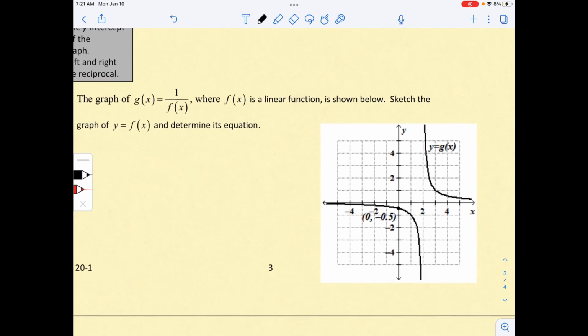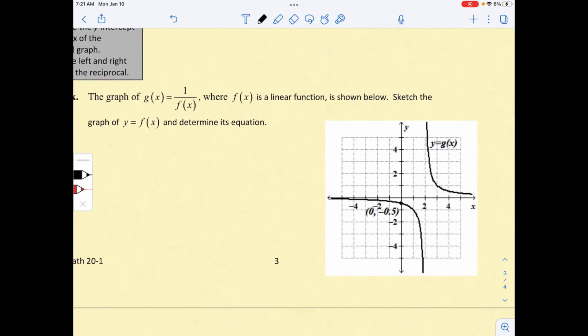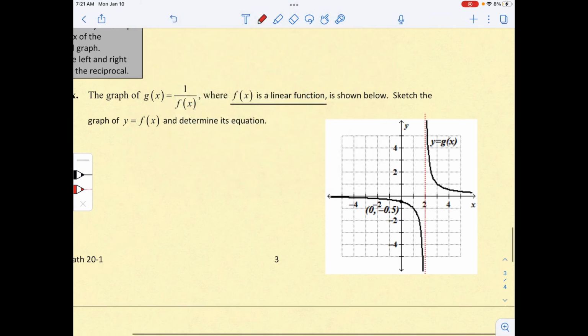The last question here says the graph of the reciprocal function g of x, which is 1 over f of x, is given, where f of x was a linear function. So we have the reciprocal, but we don't have the actual linear function f of x. It says sketch f of x and determine its equation. We can see there is an asymptote here at x equals 2.